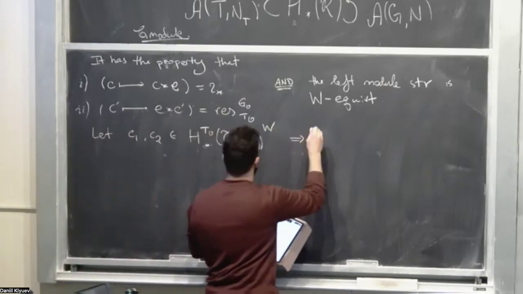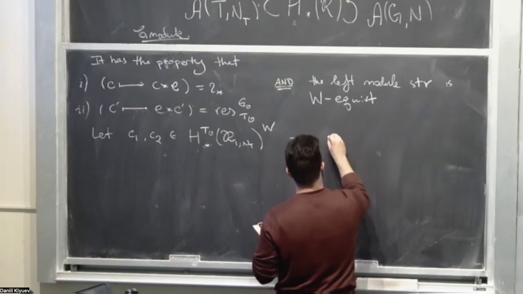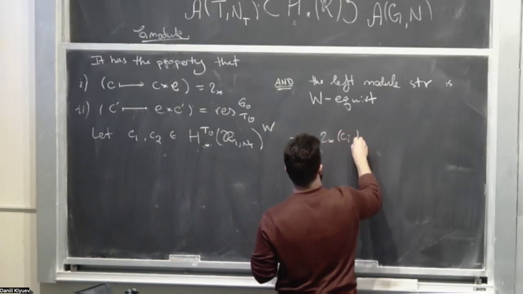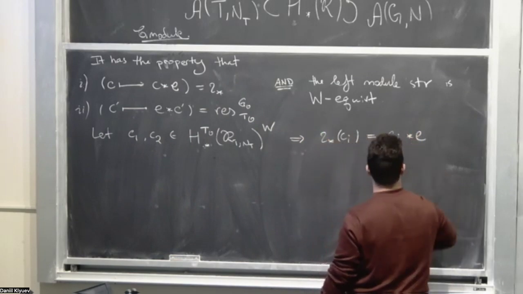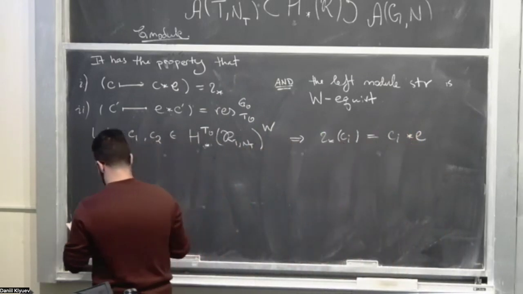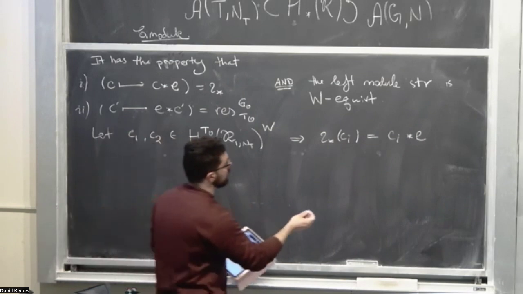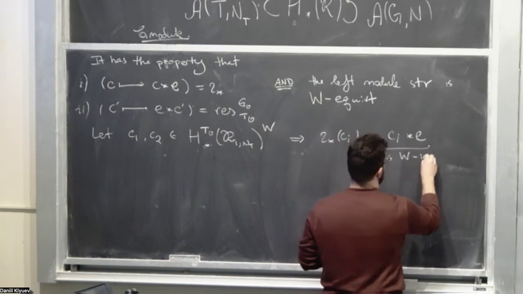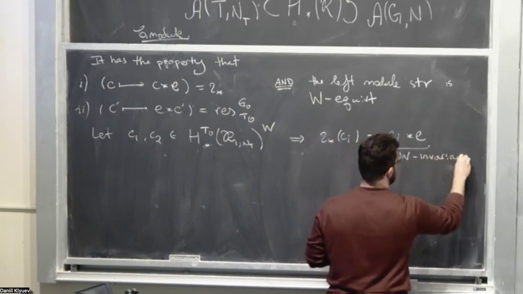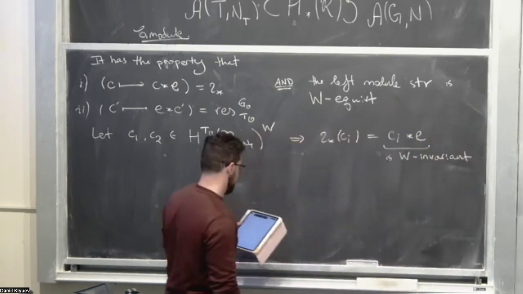Then by the first property, iota star of Ci for i equals 1 and 2 is the same as acting like this. But also this is W invariant by this property.